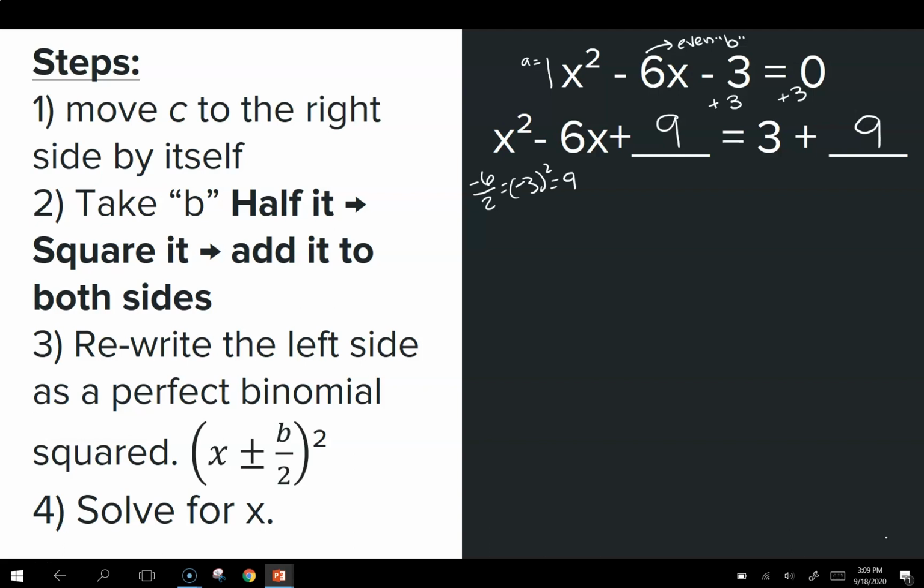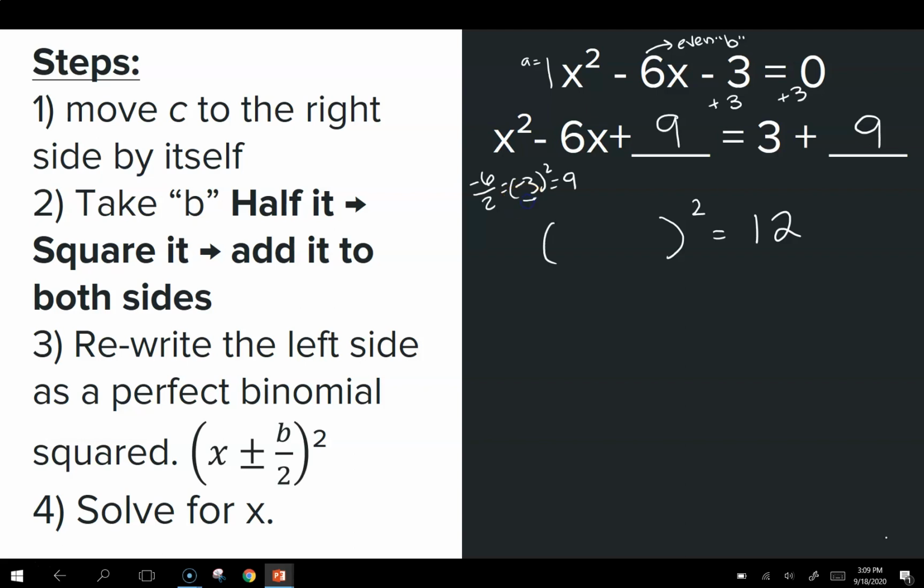All right, now we can rewrite the left side as a perfect binomial squared. And we're going to simplify the right side. 3 plus 9, that is 12. All right, perfect binomial squared. What does that mean? That means the same number times itself gives me 9, and this same number added to itself is negative 6. And technically, you have already found this number.